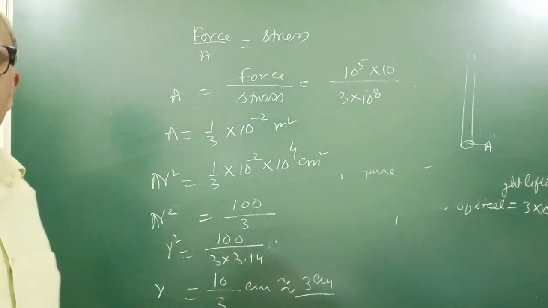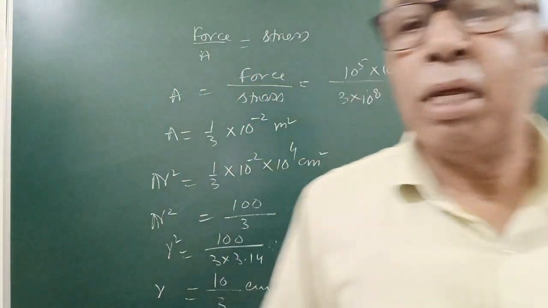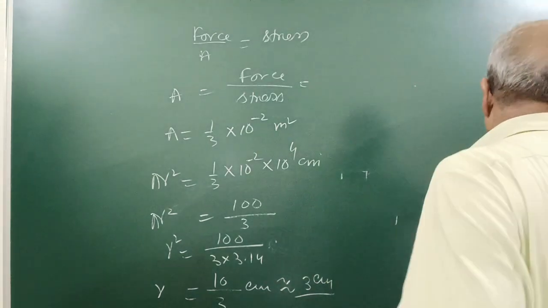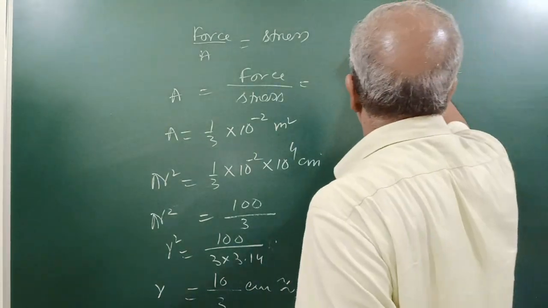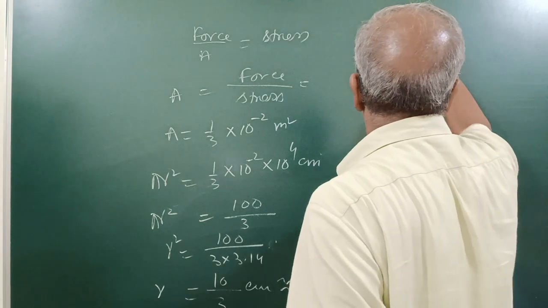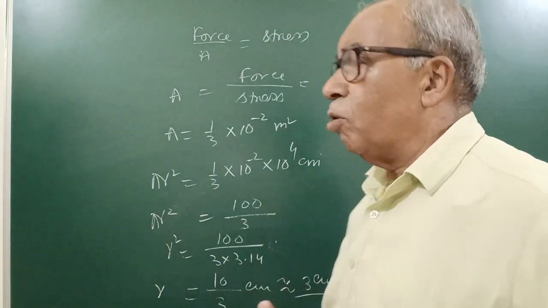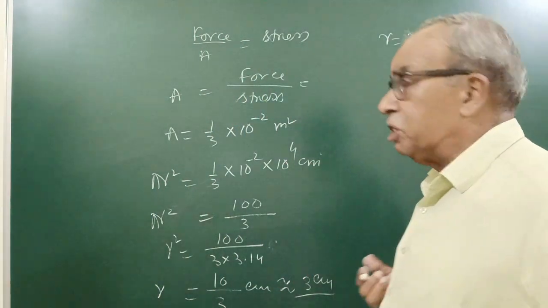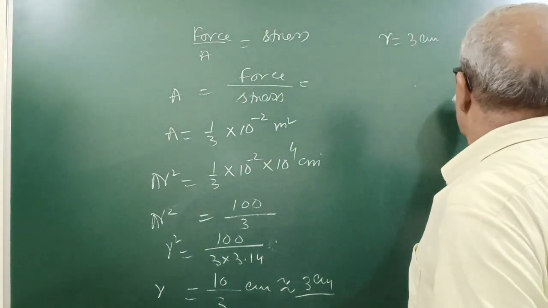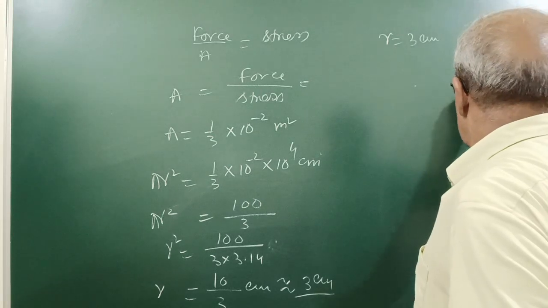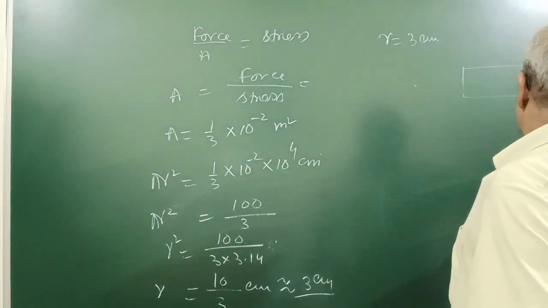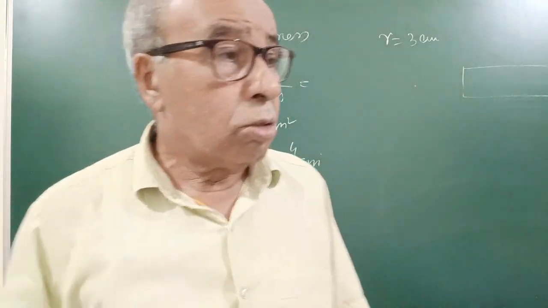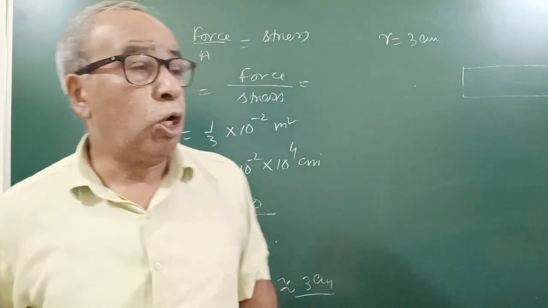A rope of radius 3 centimeter will be like a bar of steel, it will behave like a bar. So we cannot have a rope of this.